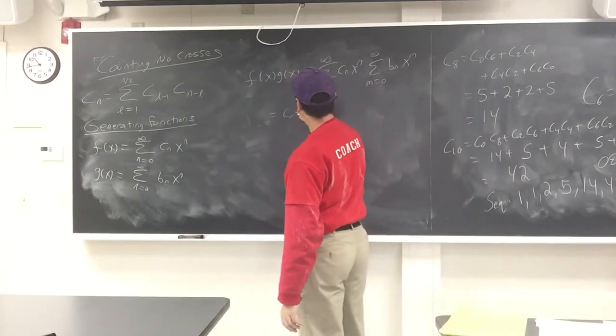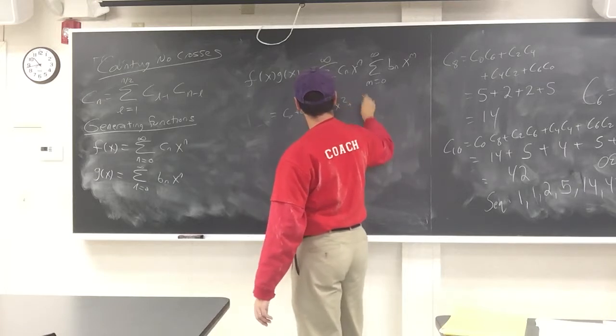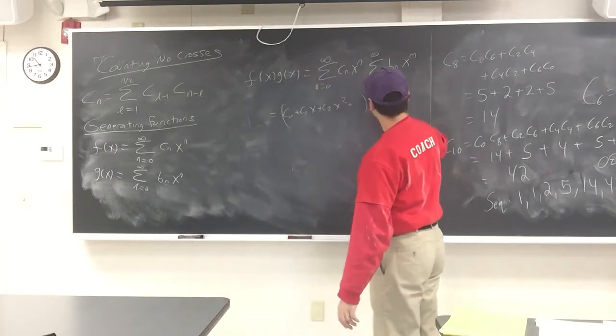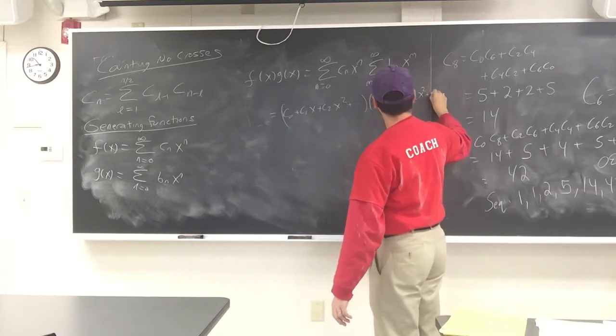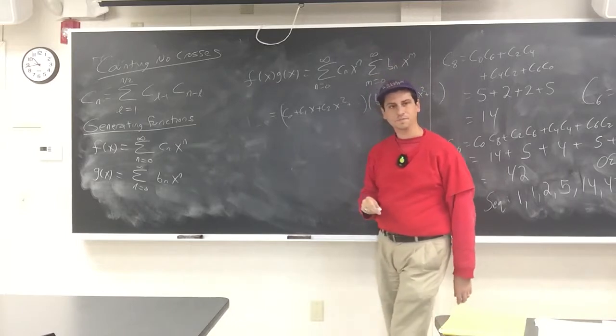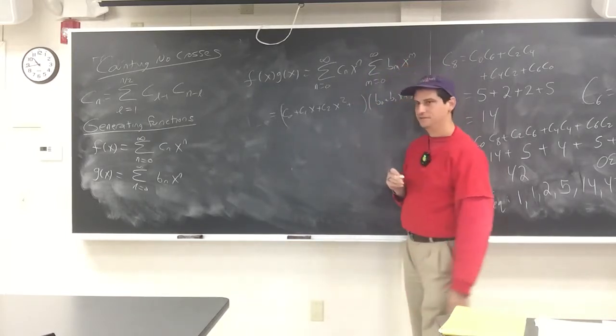This will be c0 plus c1x plus c2x squared plus and so on, times b0 plus b1x plus b2x squared plus and so on. The x in your b should be m, right? It should be m, yes, thank you.